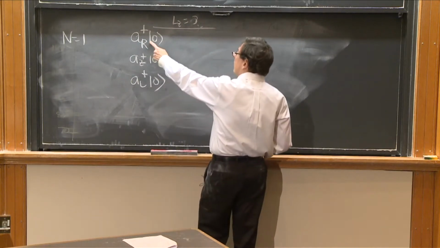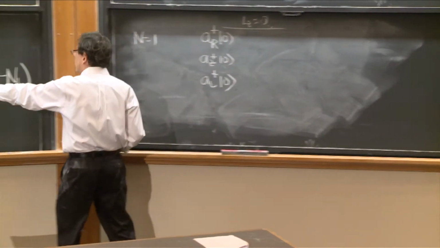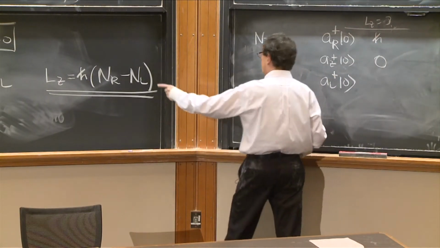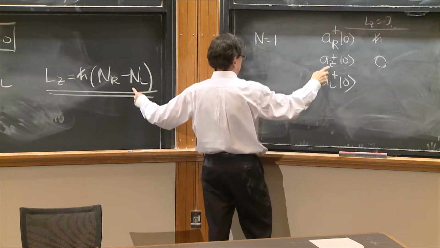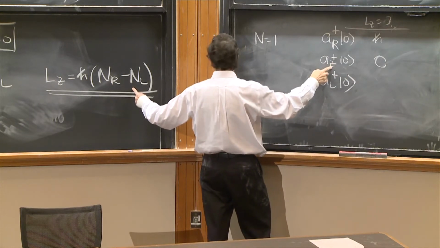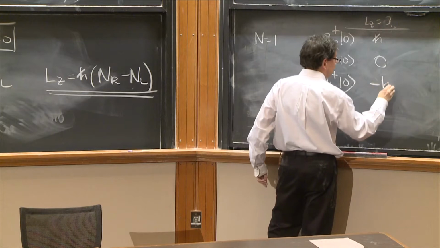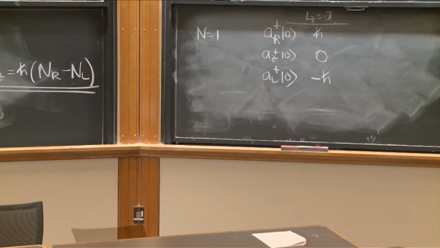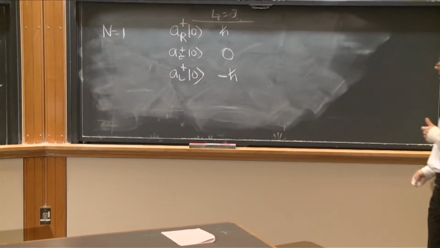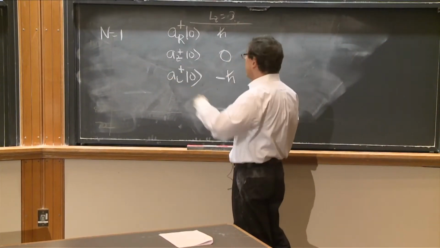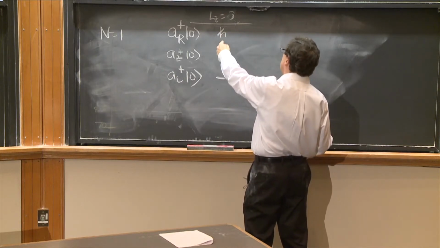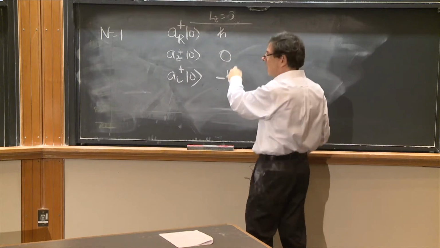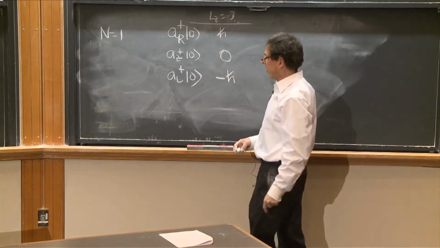Well, A right dagger on the vacuum has Lz equal h bar. This has 0 because Lz doesn't depend on the z component of the oscillator, and this has minus h bar. So here you see actually the whole structure of the L equal 1 multiplet. We said that we have at this level L equals 1, and indeed for L equals 1, you expect a state with Lz equal plus 1, 0, and minus 1. So you see the whole thing.